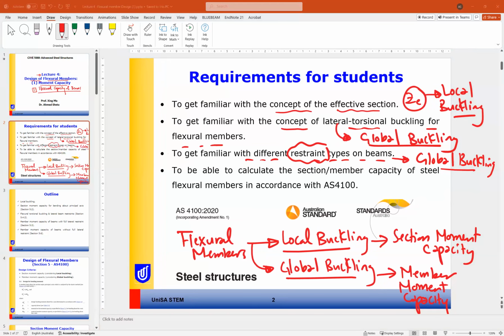And we need to also be able to calculate the section and member moment capacity of the steel flexure member according to the Australian standard AS4100. Section 5 of the standard is covering the design of flexure members.